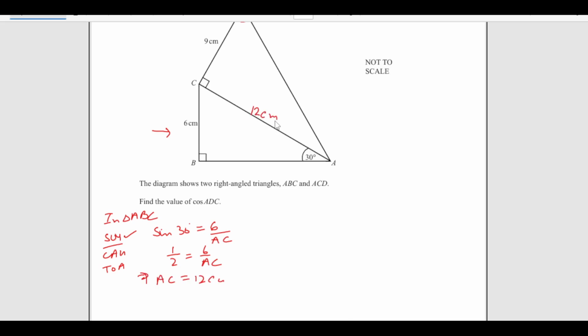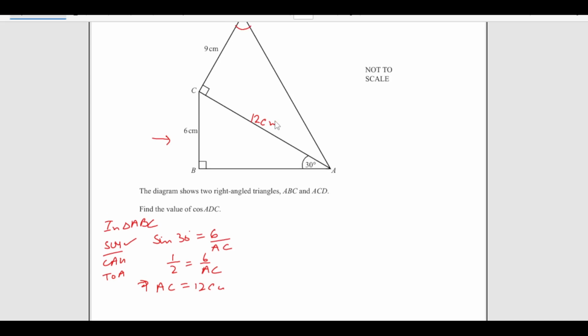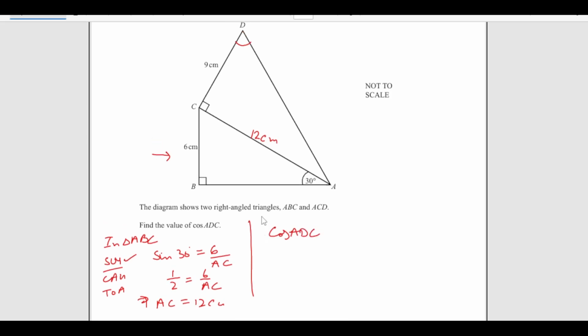Now we can find out the value of cos ADC. For cos ADC, we are taking this triangle, the top one, ACD. In this we will use adjacent over hypotenuse.